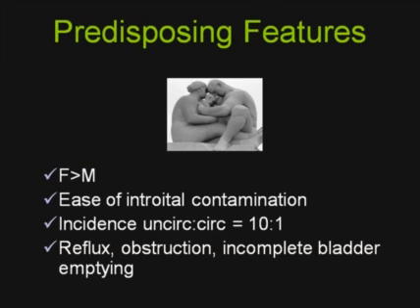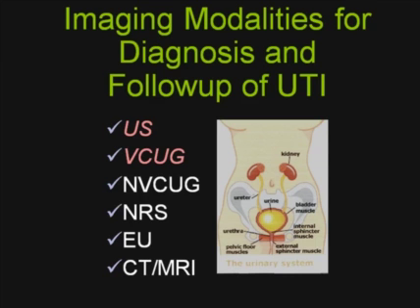Little girls are infected more often than boys due to the ease of introital contamination. In boys who are uncircumcised, there is 10 times the incidence of urinary tract infection than in those who are circumcised. In patients who have reflux, urinary tract obstruction or cannot empty their bladder properly, they have a higher chance of developing urinary tract infection.